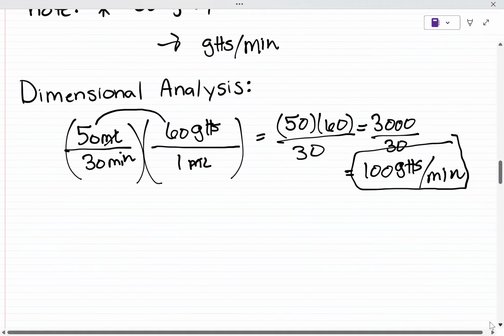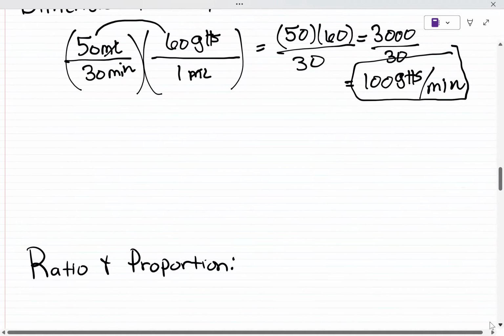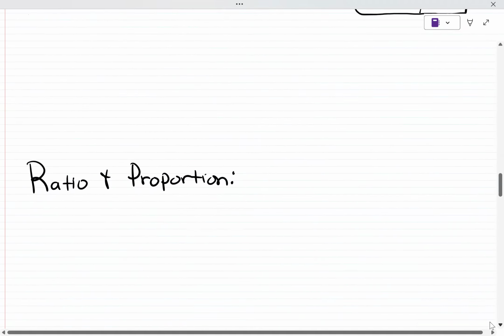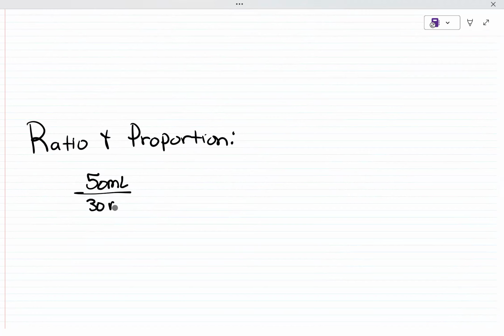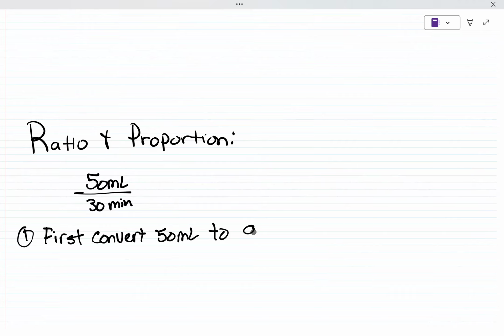Okay, now let's do the same problem using ratio and proportion. We were given 50 milliliters over 30 minutes. So what I'm going to do first is convert 50 ml to drops, GTT.